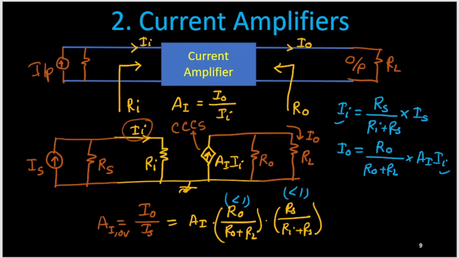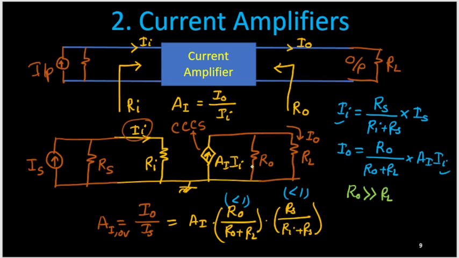That we are going to discuss right now. If R0 is very large compared to RL, then RL is negligibly small and R0 upon R0 is close to 1. So the output resistance R0 should be very high compared to RL, and it makes sense, because whatever current we get at this end, the maximum current should go through the load resistance.